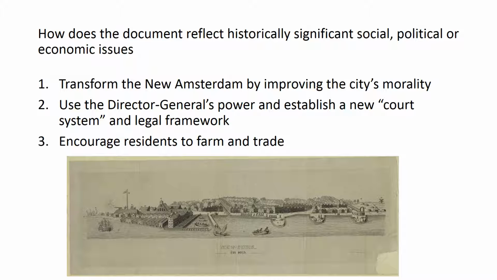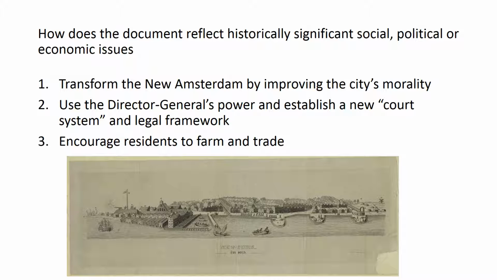So what we know is happening in 1638 is that they're trying to make it into a more moral place, a more urbanized place. What was going on before was just a collection of rabble-rousing men and women and traders. Now, the Dutch West India Company is committed to trying to make it a more permanent settlement.